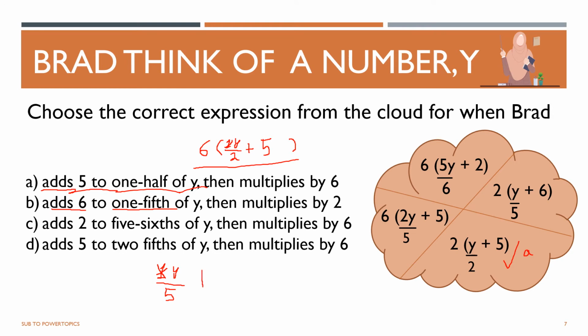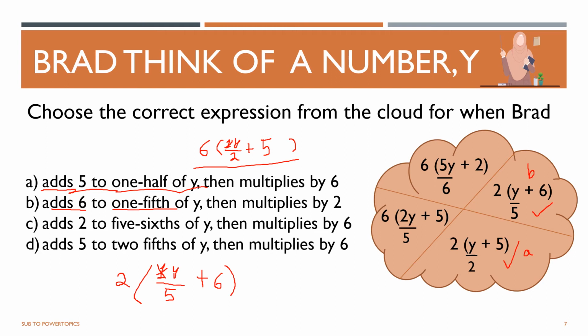So then Brad adds 6, and this expression is then being multiplied by 2. So let's find our answer here. So it's this one, and this is our answer for B.